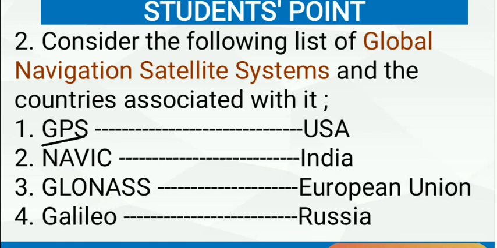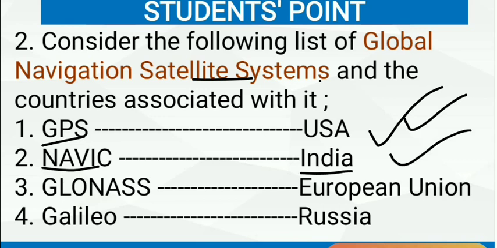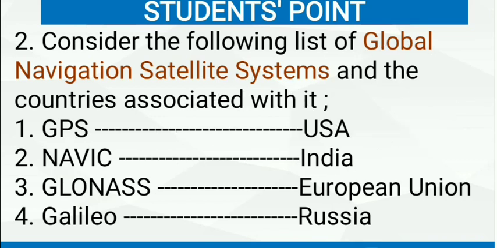GPS, which is a global navigation satellite system of the United States of America. So this is correct. NavIC is the GPS system of India. This is also correct. NavIC is also known as IRNSS. Next, GLONASS. GLONASS is the GPS system of the European Union.